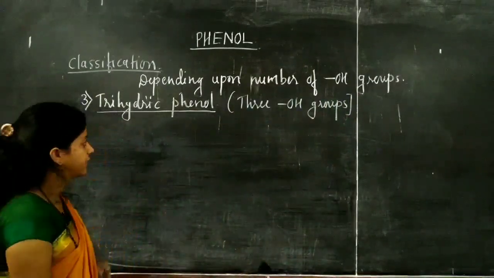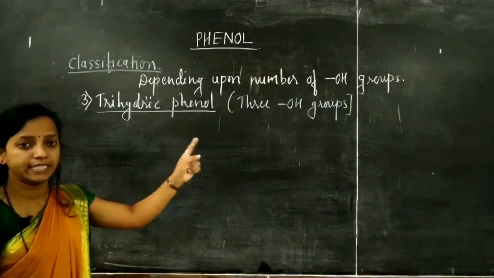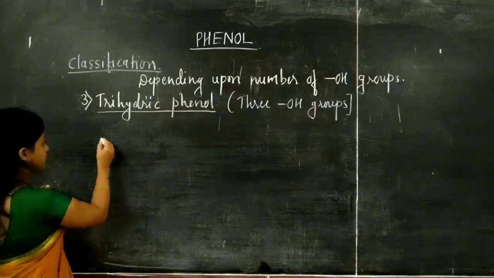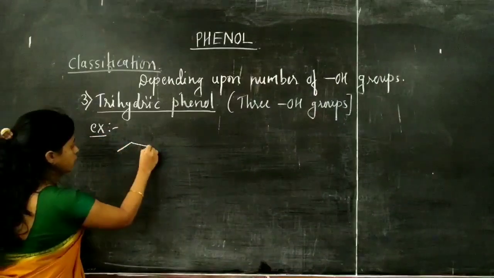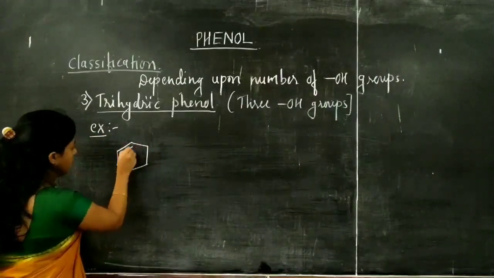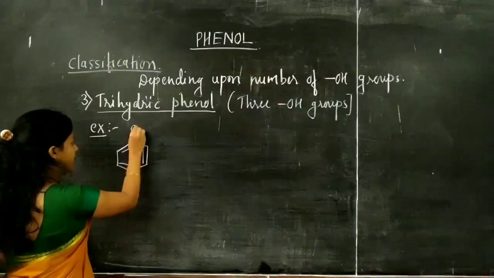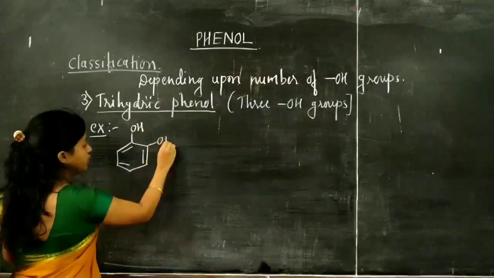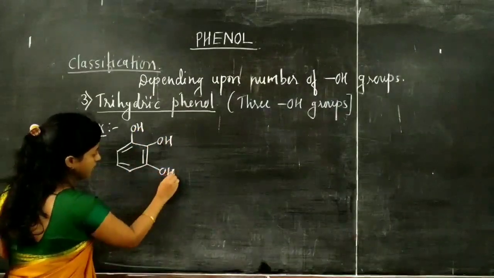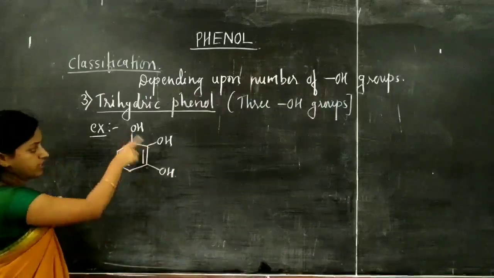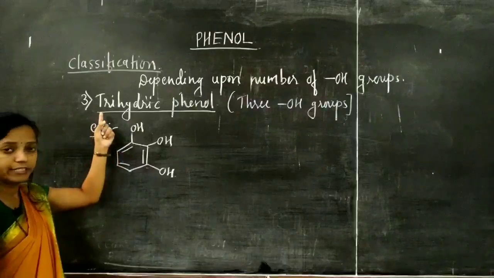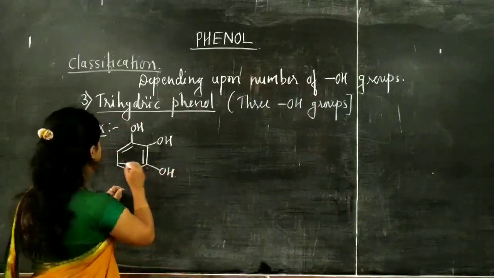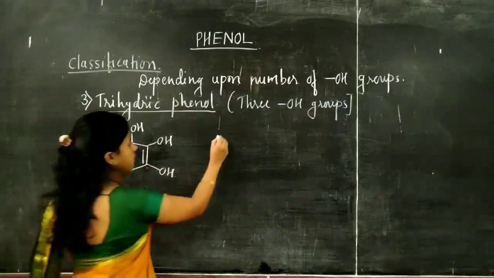Trihydric phenols contain 3 OH groups. I will write its examples. A benzene ring, with OH groups attached at 1, 2, 3 positions. So 3 OH groups I have attached. This is an example of trihydric phenol. This is the first example.